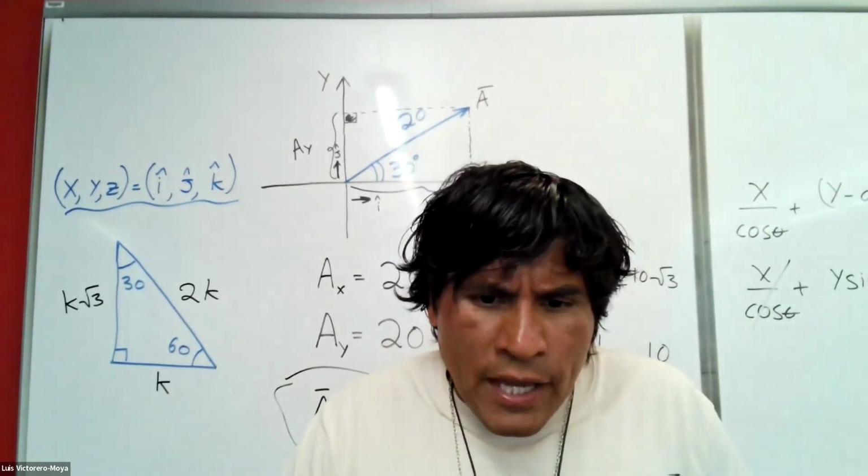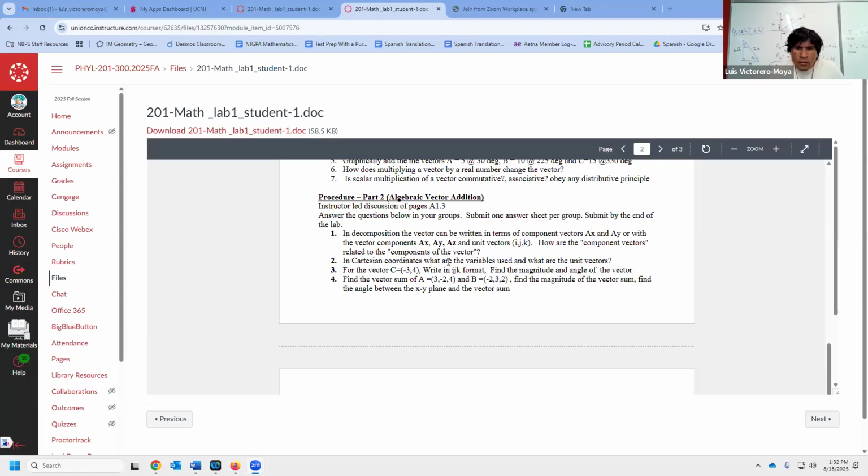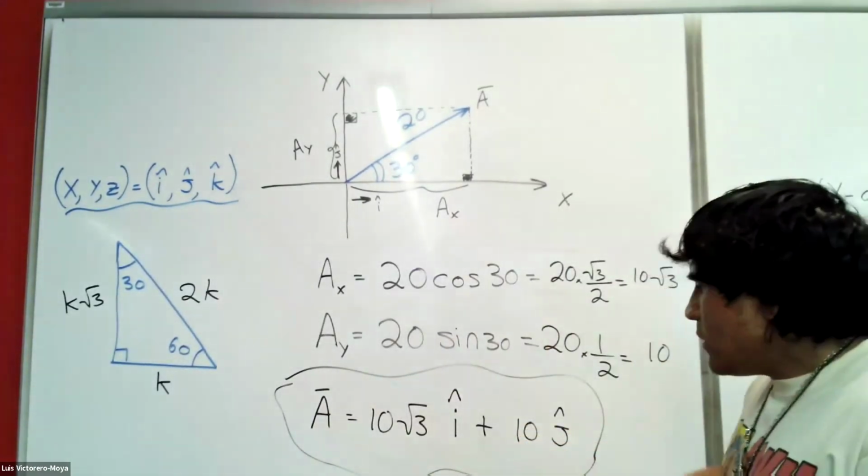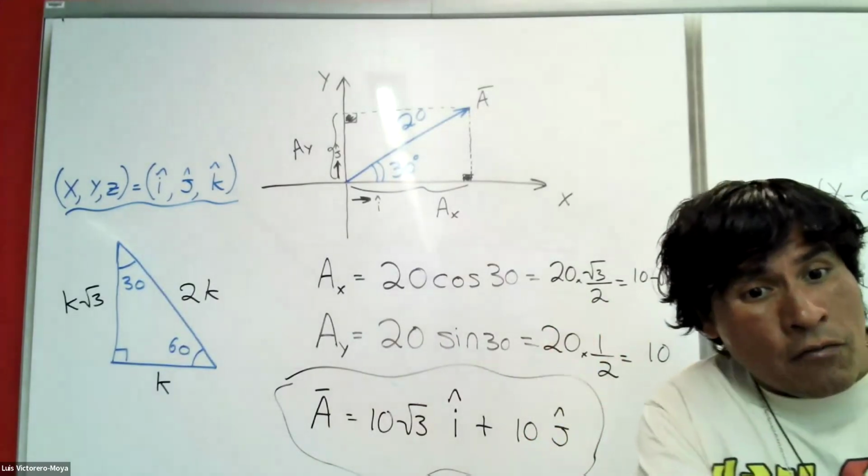Now let's see what else they ask you. Breaking into components, vector. Okay, so how do you write any vector into components? And then let's do a sum and subtraction. So any vector, for example, this can be written in a coordinate form.